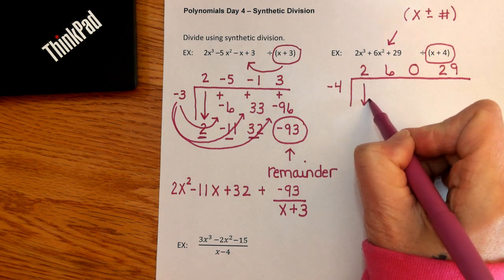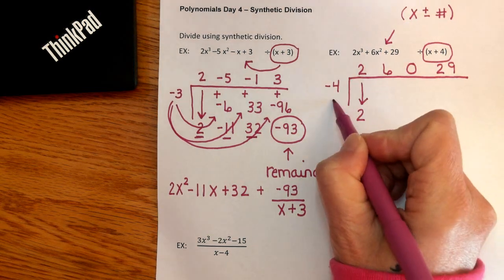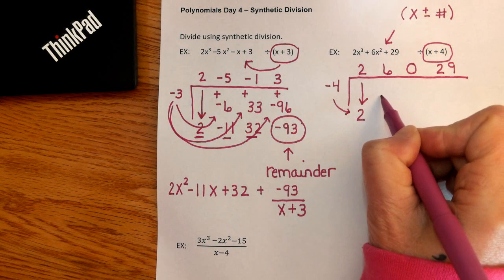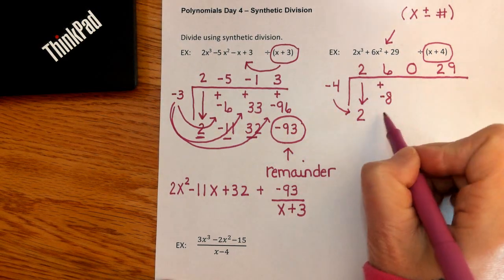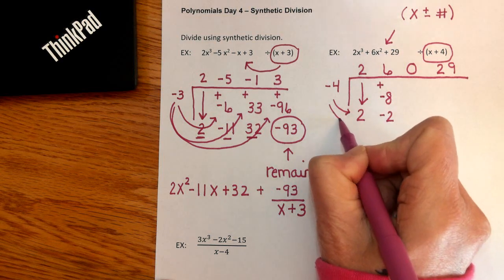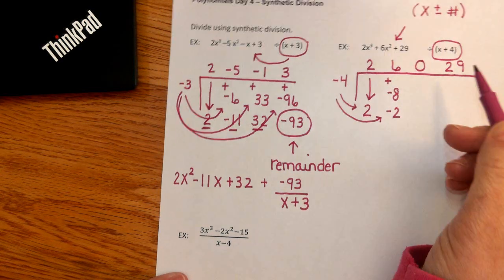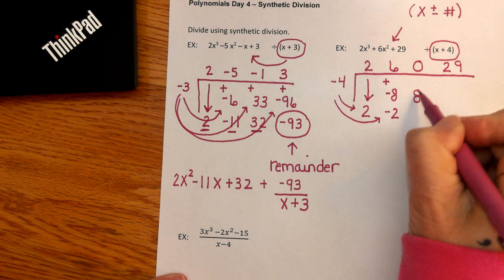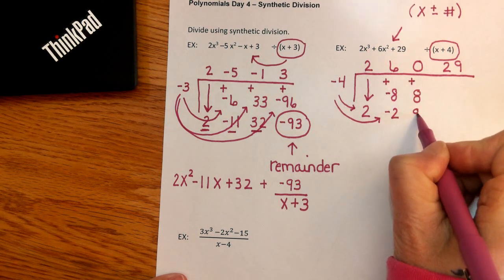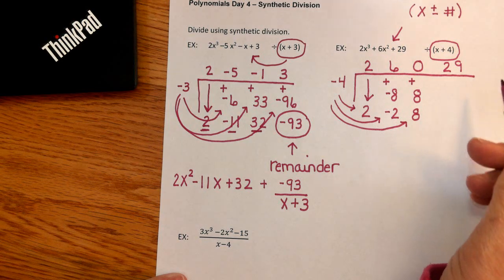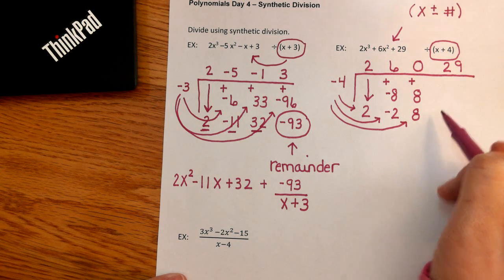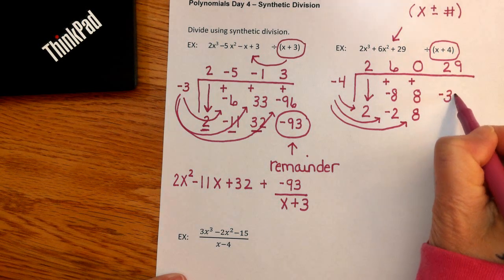So drop and multiply. Negative 4 times 2 is negative 8. Add: 6 minus 8 is negative 2. Multiply. Negative 4 and negative 2 is 8. We're going to add, and then we're going to multiply. Negative 4 and 8 is negative 32.